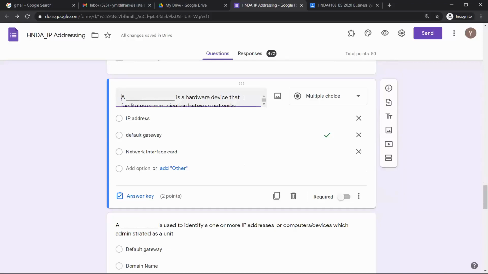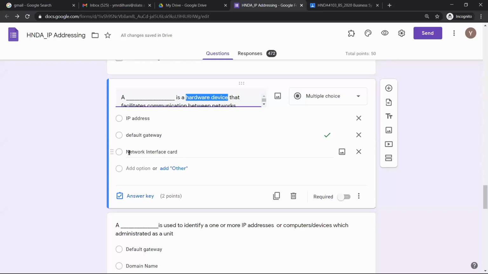A blank is a hardware device that facilitates communication between networks. So at this point, you will have to think of one thing here. It says hardware device, right? And answers are given. IP address. An IP address is not a hardware device, right? And two devices are there: default gateway and network interface card.